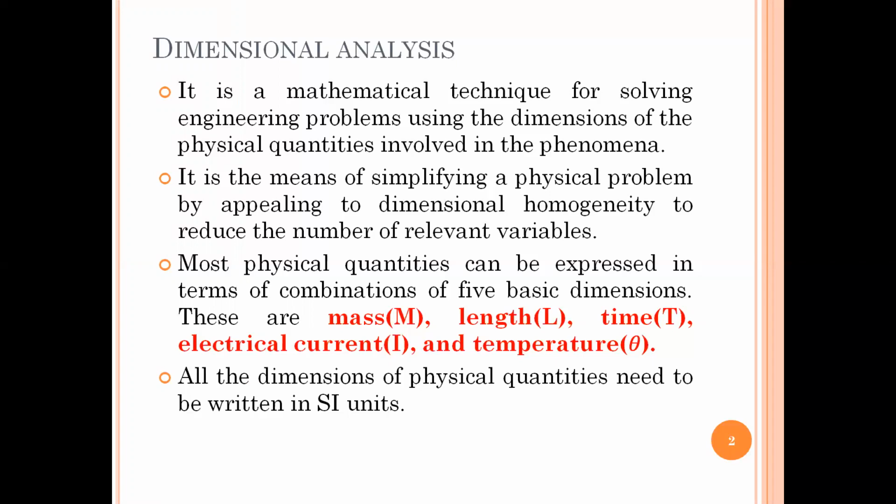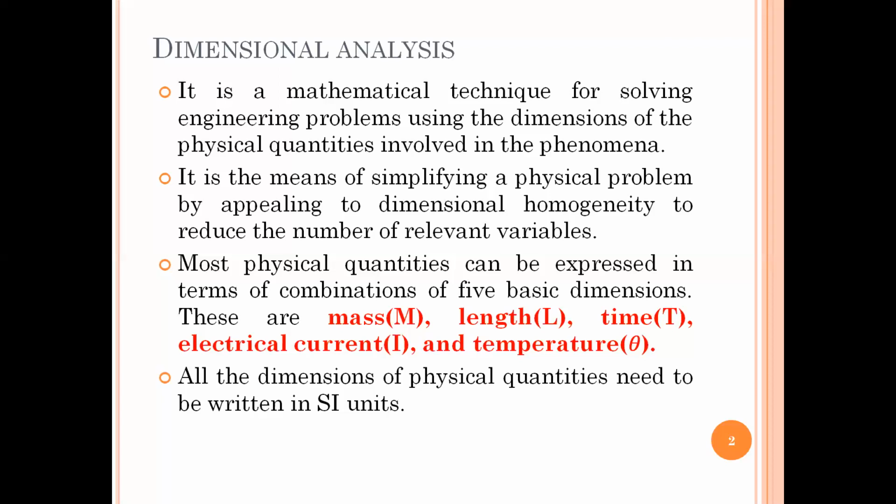Most physical quantities are expressed in terms of mass, length, time, electric current, and temperature. In fluid mechanics, my basic or fundamental units are mass, length, and time. We are not dealing much with electric current.